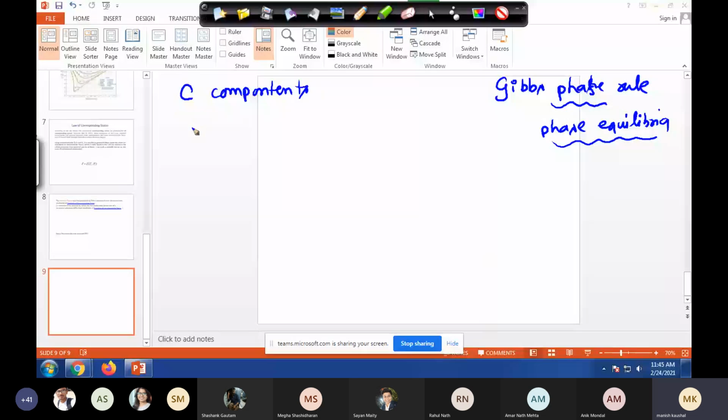You have material 1, let's say A1, A2, A3, A4, such like that. We have these components. Let's say water, ethanol, glycerol. Okay, so components. So I have a mixture of these. Let's say these 4. So C stands for component, remember. And P stands for phase.